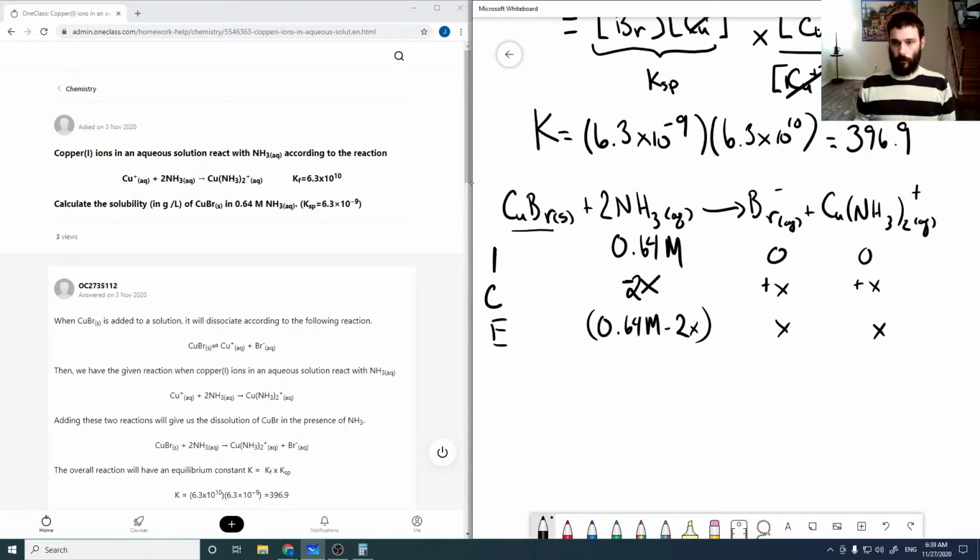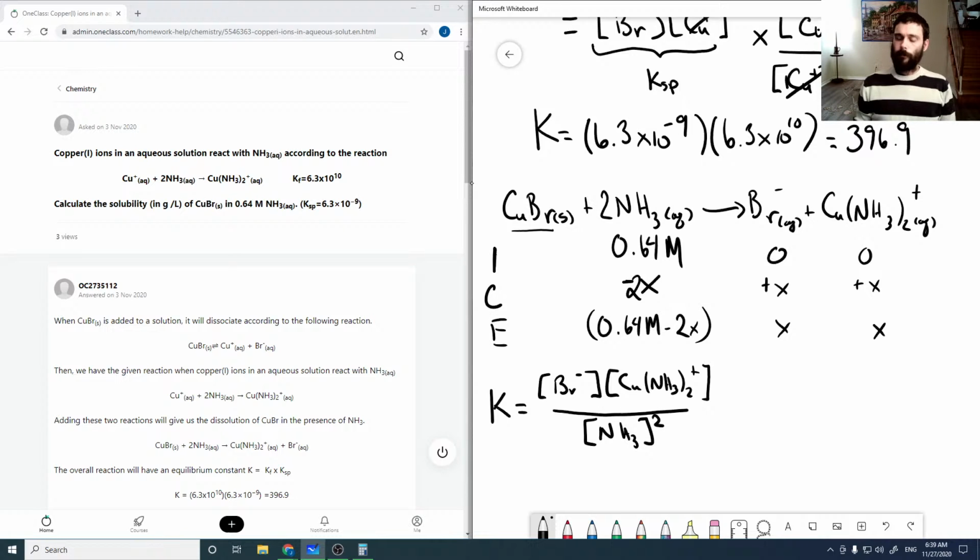And now from our K constant, which is the concentration of bromine, concentration of copper ammonia, over our concentration of NH3 squared, we can fill in our equilibrium values.